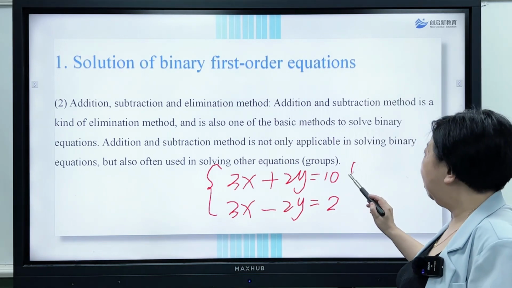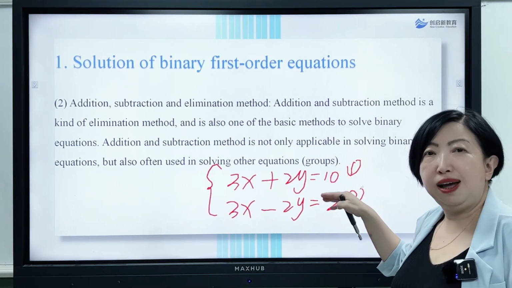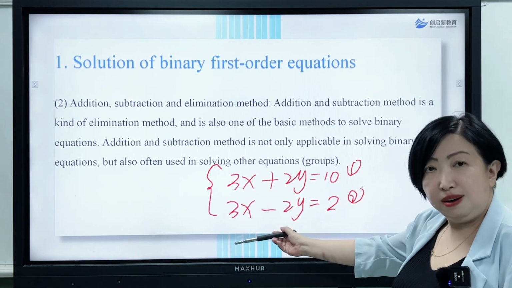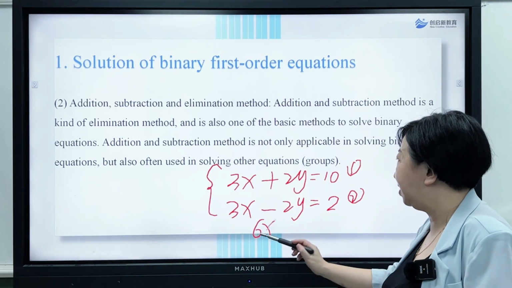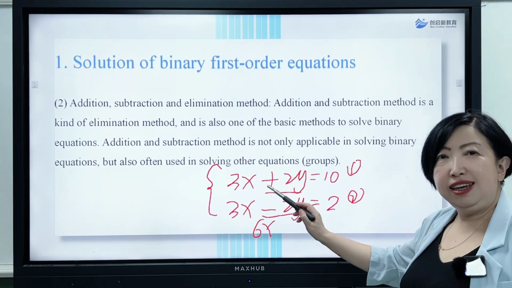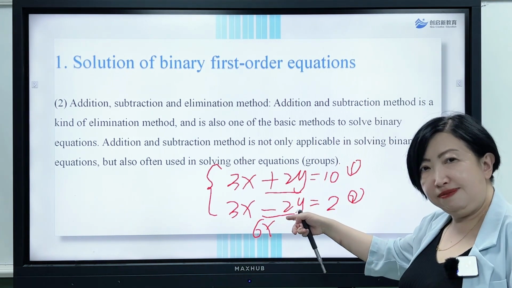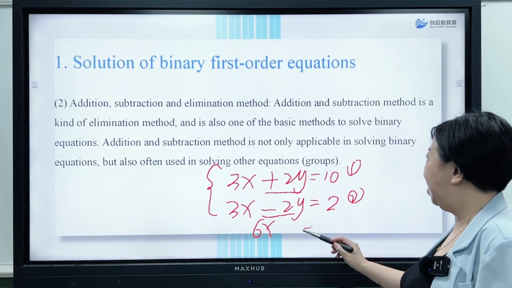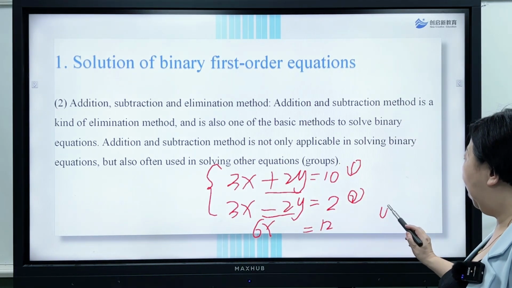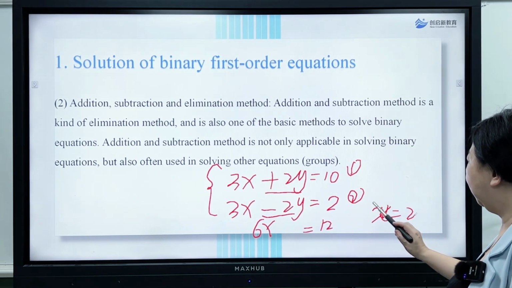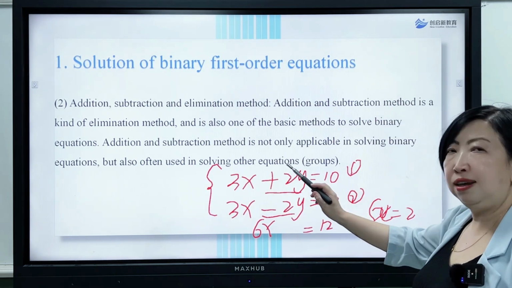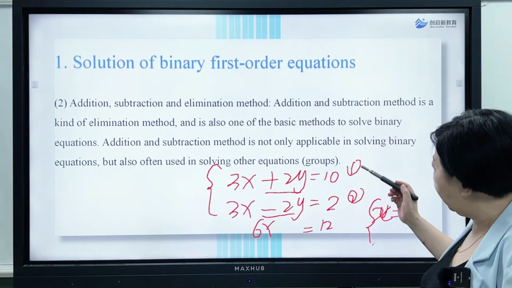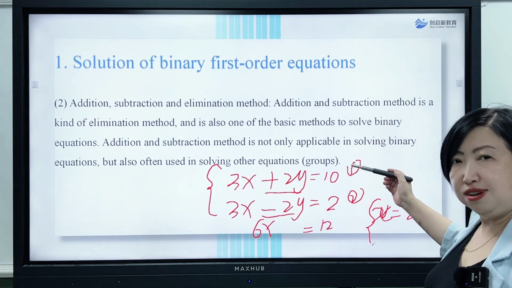Here we add the first formula and the second. We get what? Of course, 6x. Here, negative and positive are opposite, and equal 0. And here is 12. Of course, x equals 2. We can put x into the first or the second formula, and subtract the second from the first.